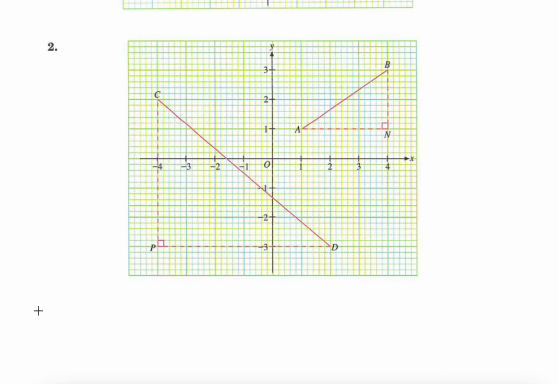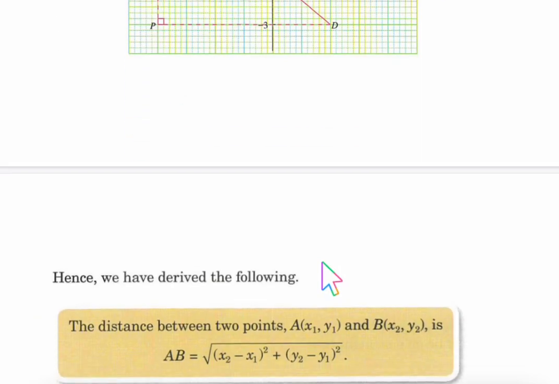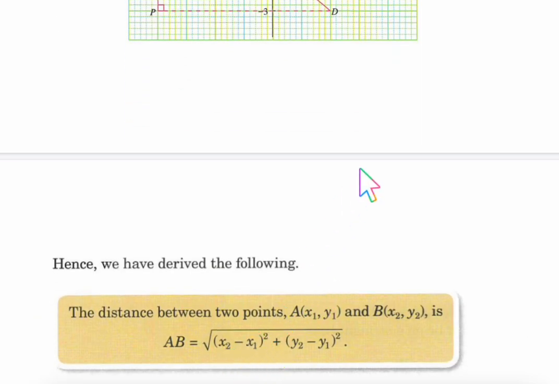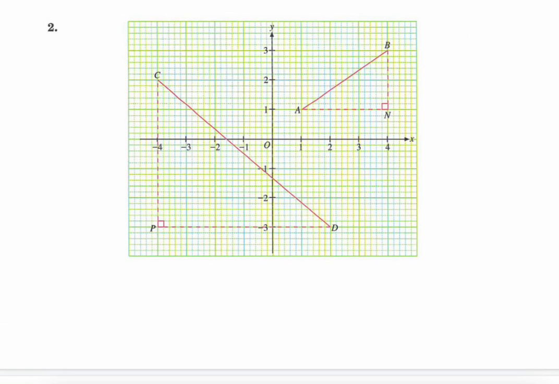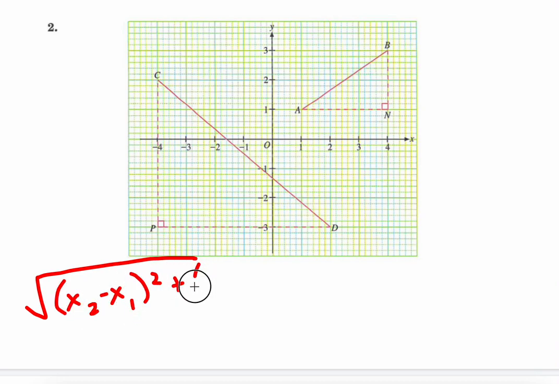The distance formula says that it's the square root of x2 minus x1 squared plus the same thing for the y's squared. And remember, this utilizes, I'll use this one up here so that we have enough space, our coordinate pairs.